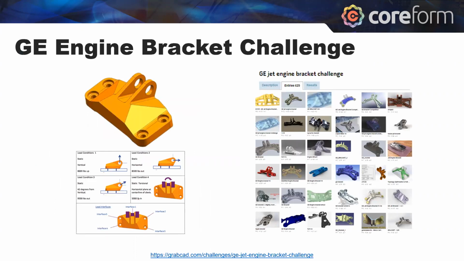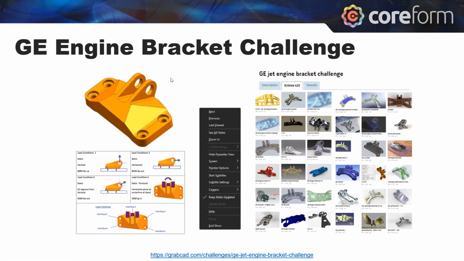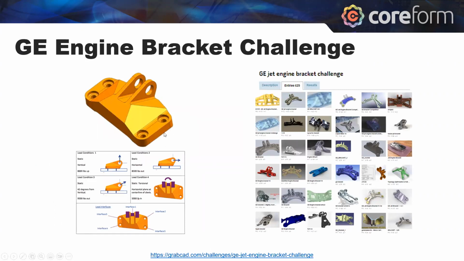I think we have some folks from GE on here, but in 2013, GE sponsored a challenge project, which you can find on GrabCAD, which was to take a traditionally designed and manufactured engine bracket and, with certain load cases, design improved or optimal brackets that might use topology optimization or just really smart people to come up with unique designs.